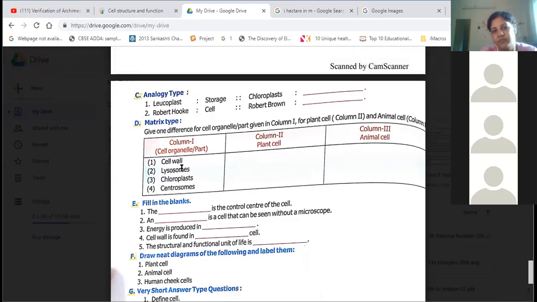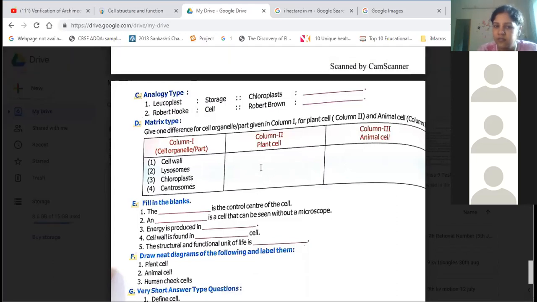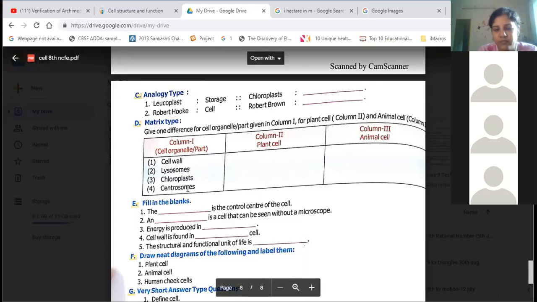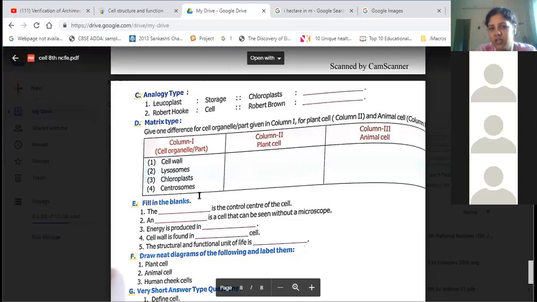Lysosomes: plant cell absent, animal cell present. Chloroplasts: plant cell present, animal cell absent. Centrosomes are present only in animal cells. Plant cells don't have them; the main function of centrosomes is in cell division.